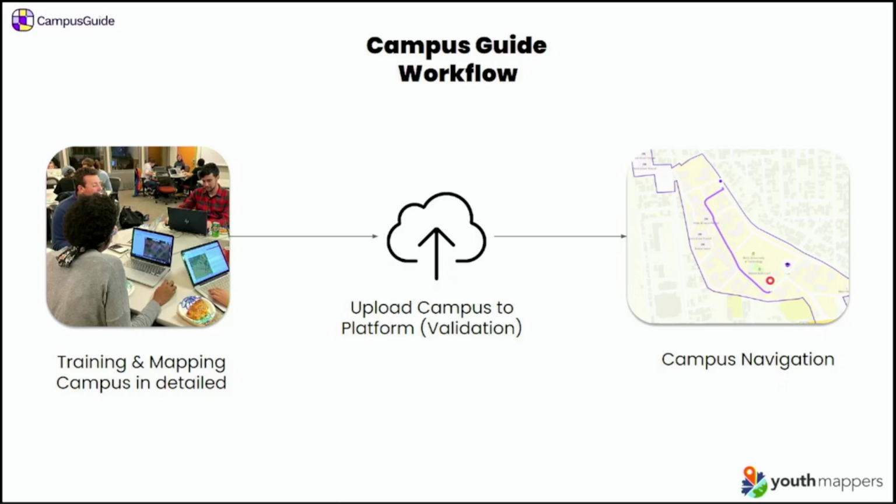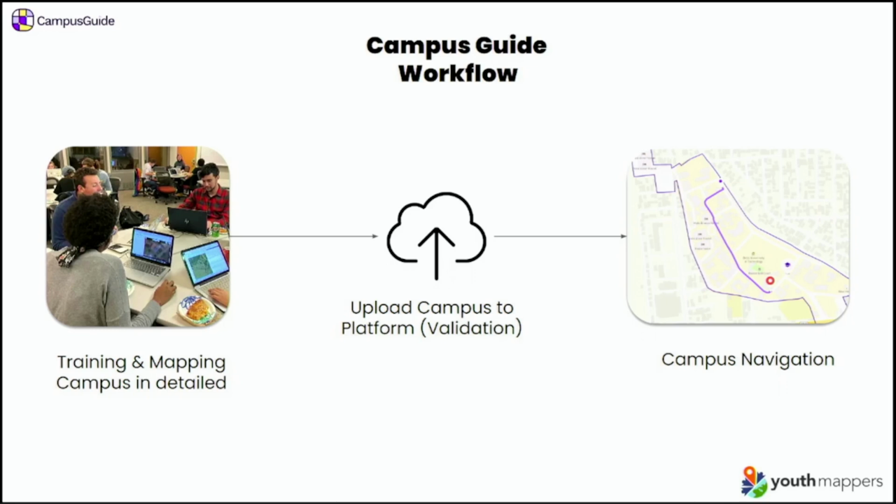Another part is a platform where they get to upload their campus boundary for validation. In order for them to have their boundary and campus well updated and validated, they upload it to a particular platform, and people can cross-check as well.